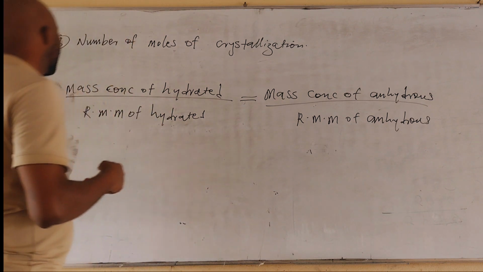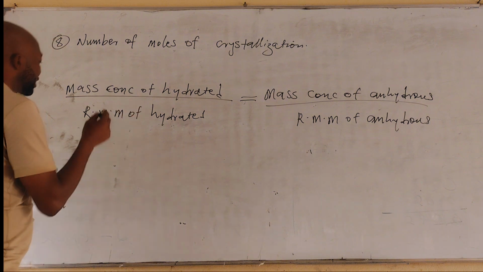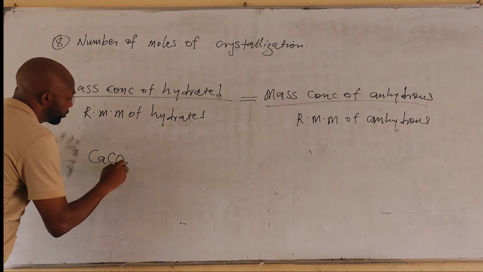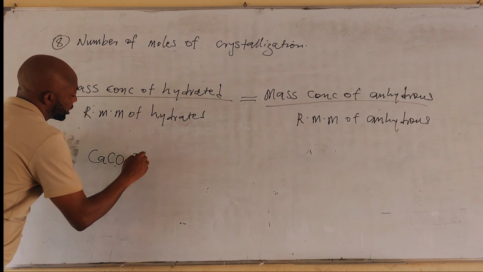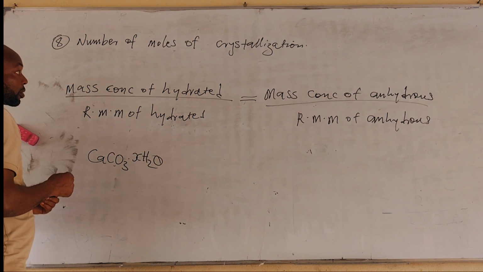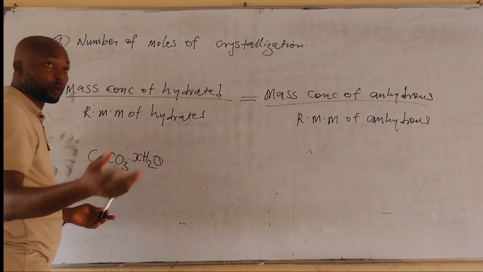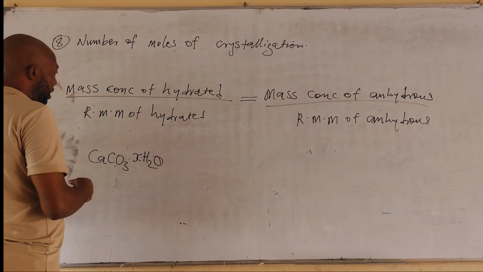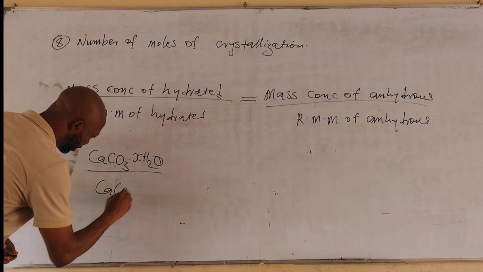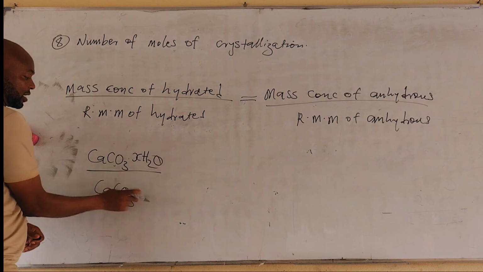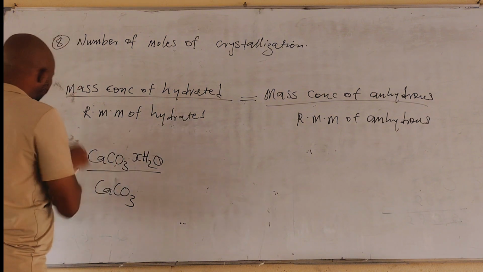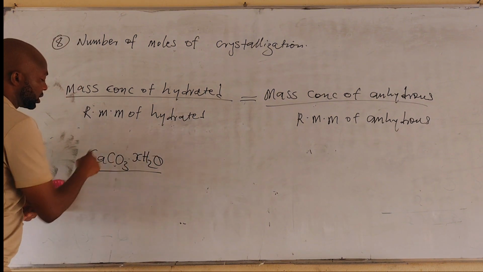So, if this is hydrated, let me call it calcium trioxocarbonate(IV).XH2O. The X here tells us the number of moles of water, which we don't know, that we are looking for. And the relative molecular mass of the anhydrous becomes calcium trioxocarbonate(IV), there will be no water.